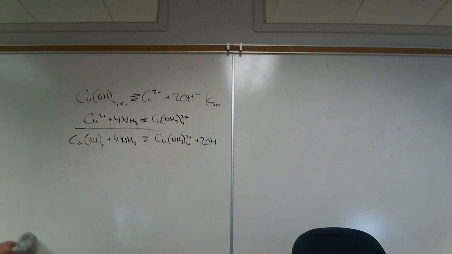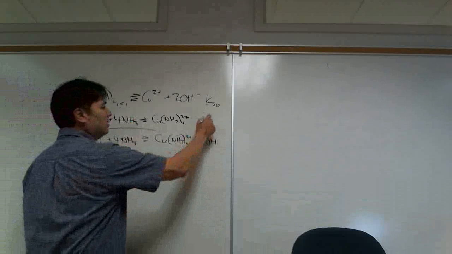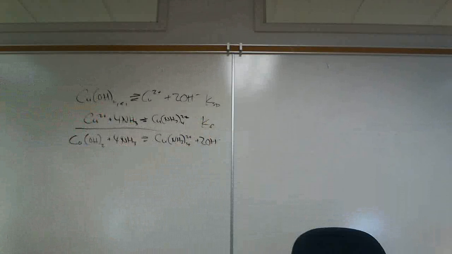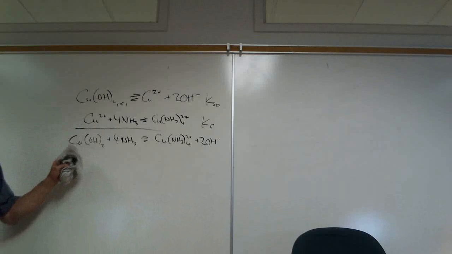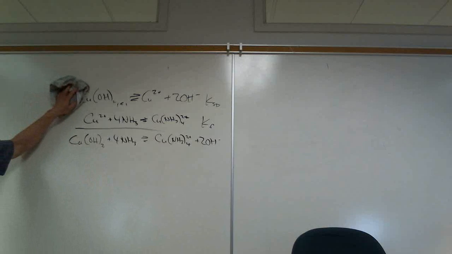We expect all the copper to be complexed because KF is usually very, very what? Large. And so this is KSPF. This should be familiar, I hope. KSPA and KSPF. These are both very important for chapter 18.